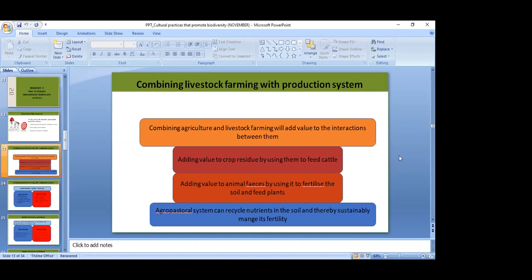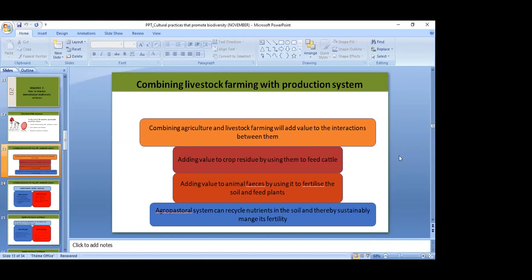And we also mentioned adding value to animal waste by using it to fertilize the soil and feed plants. I just explained that when I was citing the instance of using poultry droppings to fertilize vegetable land. And all of these put together, we refer to as an agropastoral system, which can recycle nutrients in the soil, thereby sustainably managing its fertility.